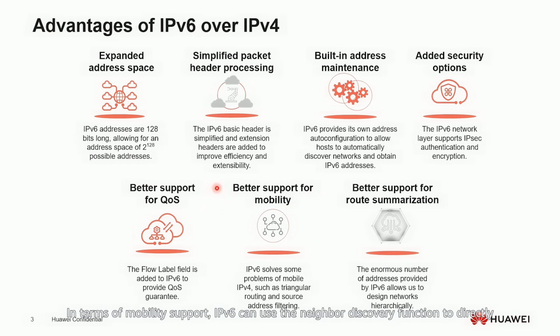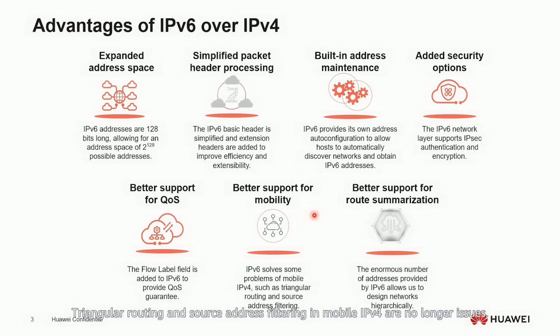In terms of mobility support, IPv6 can use the neighbor discovery function to directly discover a foreign network and obtain a care-of address. In addition, the mobile and peer nodes can directly communicate using the routing and destination options headers.